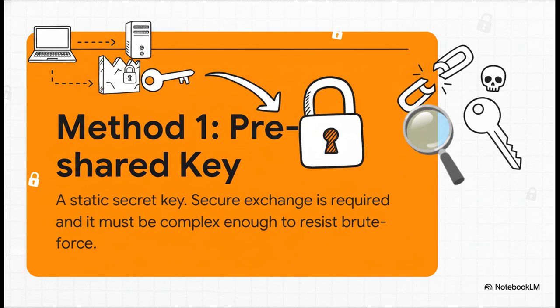The first and simplest option is a pre-shared key, and it's exactly what it sounds like. It's one single secret password that both the client and the server already know. It's super straightforward, but you can probably spot the issues. You have to get that key to the other person securely before you can even connect. And if that key ever leaks, your whole setup is compromised.